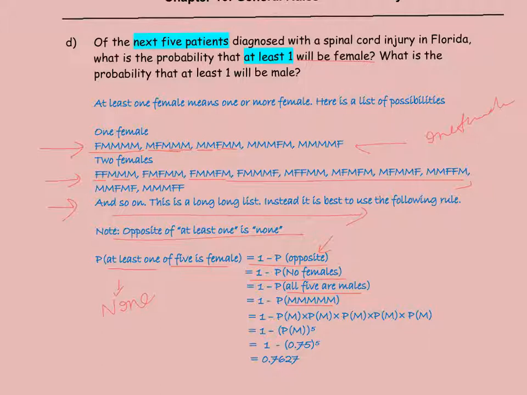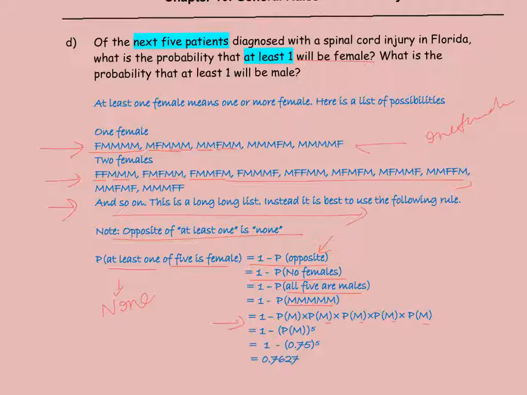So that's male first, and then male again, and then male again, male, male. So it's male, male, male, male, male, 5 times. So the word between the males is and, so that gives rise to the multiplication rule here, and that's what we've used. It's 1 minus probability that the first is male, and, which means multiplied by probability that the second is male, the third is male, the fourth is male, and the fifth is male.